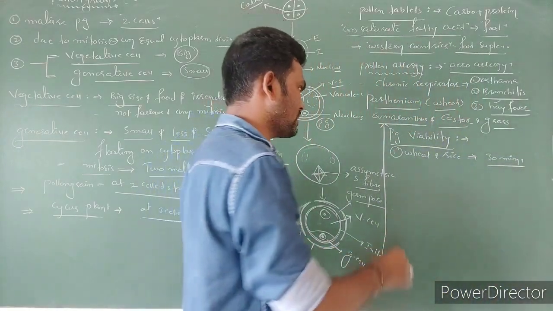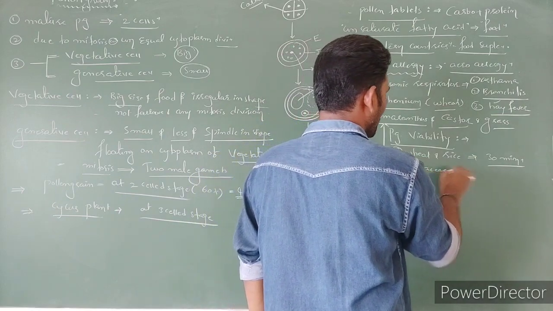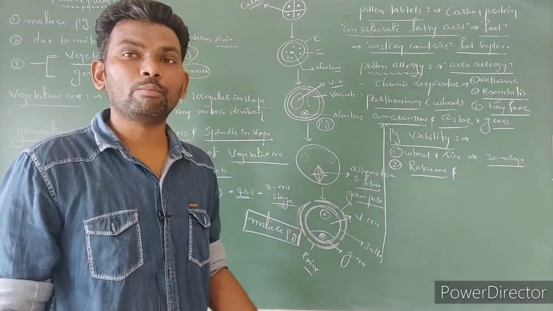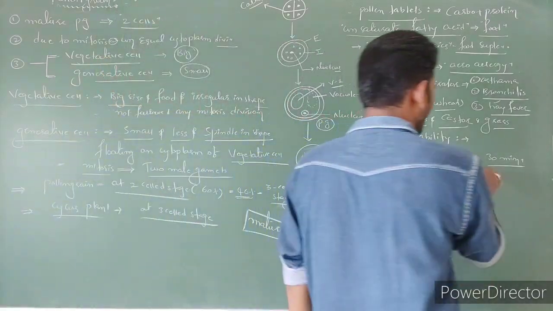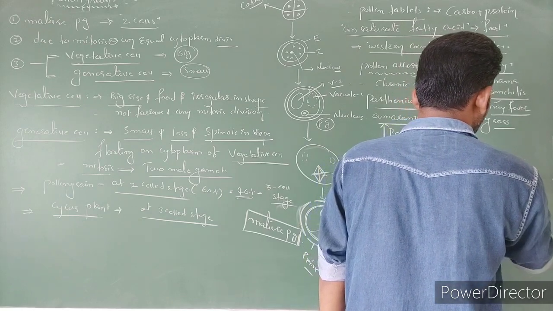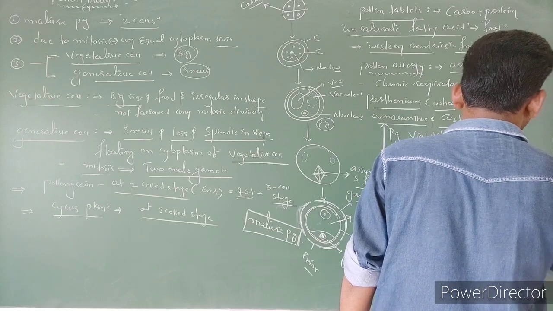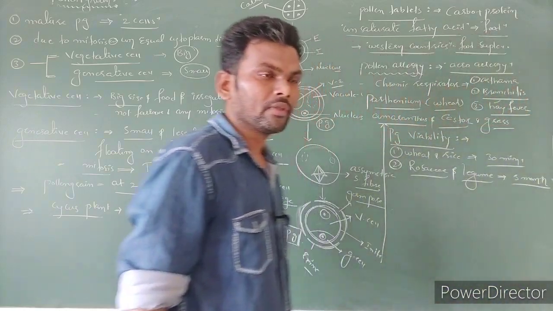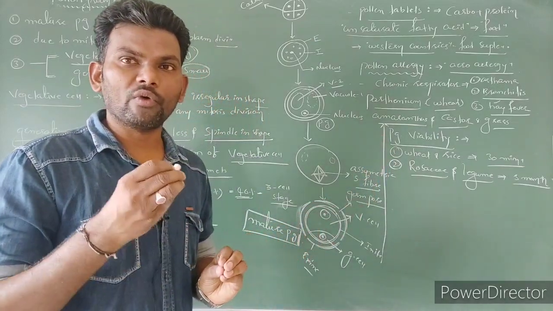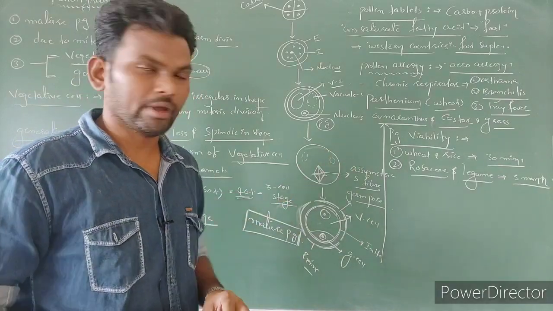In some plants, for example Rosaceae and Leguminosae plants, nothing but beans and legumes, it is nearly 3 months. So the pollen germination power, or pollen viability, is different in different species.